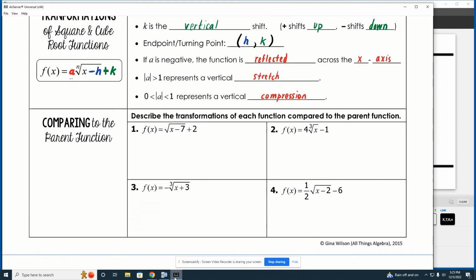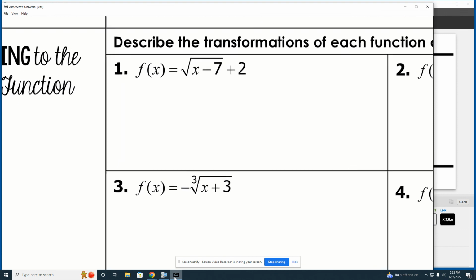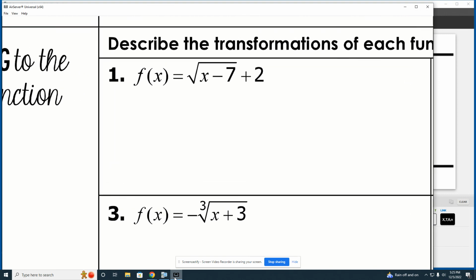So I want us to look at this real quick. It says describe the transformations of each function. So let's look at it. Do y'all have anything being multiplied on the outside? Nope. So no reflecting, no vertical stretch, no vertical compression. That's done. Okay, now what about inside? Well, inside we are subtracting 7. So that's a horizontal shift. Now remember the rule?